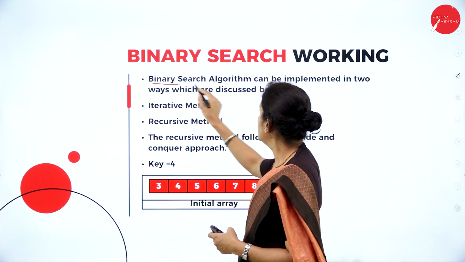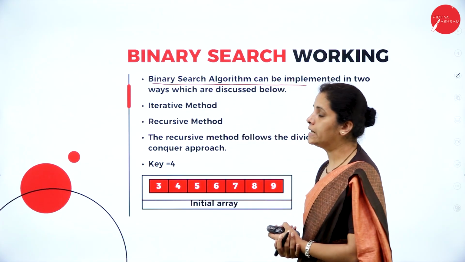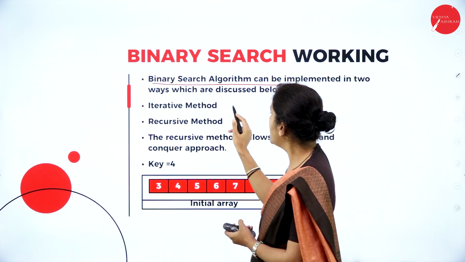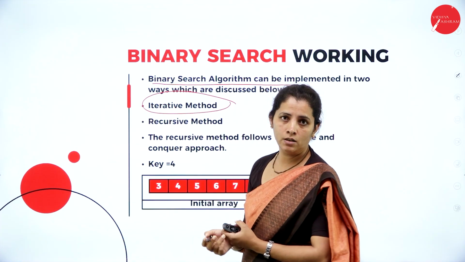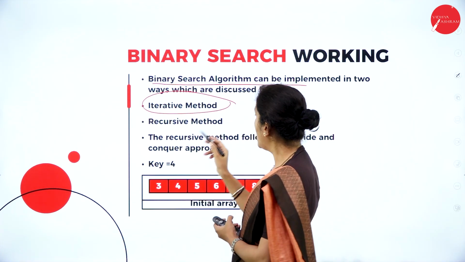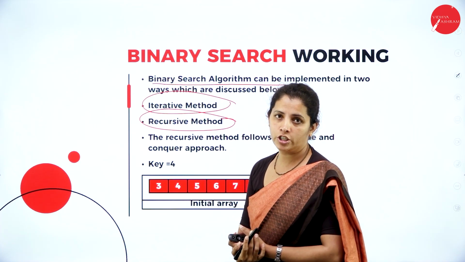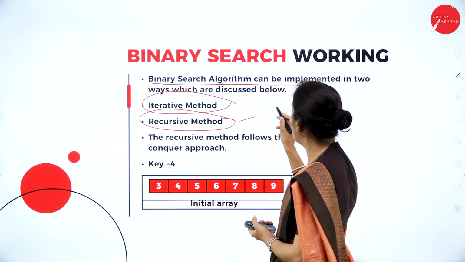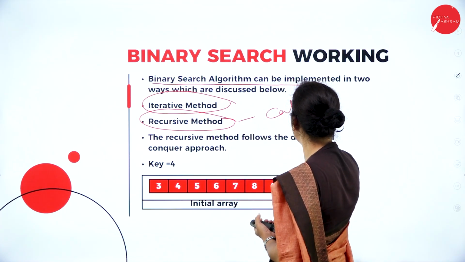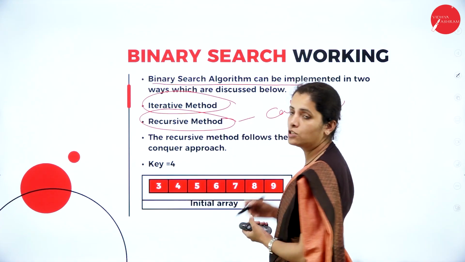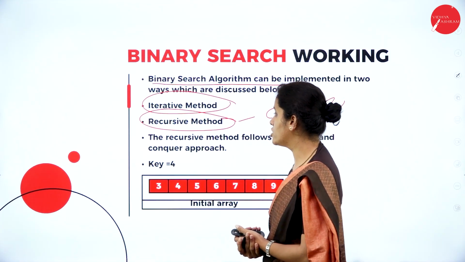See here, the binary search algorithm can be implemented in 2 ways. One is the iterative method, without any recursion, and the other is recursion. So what is recursion? Calling the same method again and again until the given condition is true, that is known as recursion.